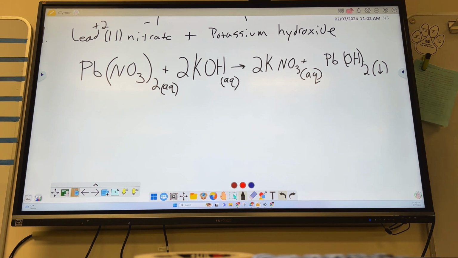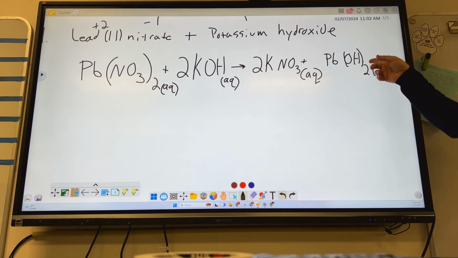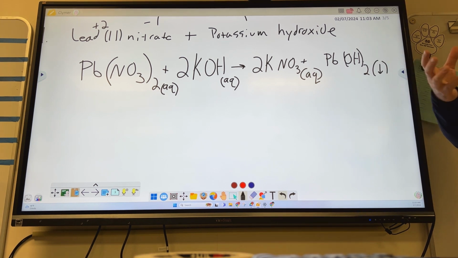So like if you put sand into a cup of water, the sand would just fall to the bottom because sand doesn't dissolve. If you put salt into water, it slowly dissolves, it disappears. This, no matter how long you leave it in water, it's never going to dissolve. It's like sand. It's just going to stay a solid in the water. So that's how you could tell something happened.